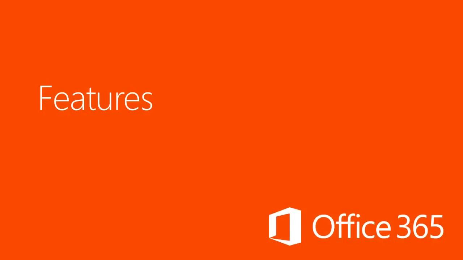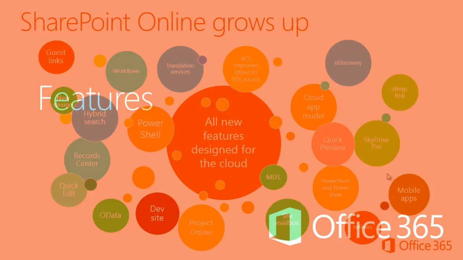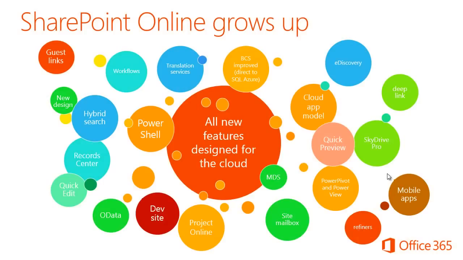Let's introduce a few of the features included in SharePoint Online. In the slide in front of you, you can see many of the new options and features included now in the new SharePoint Online. Just to provide you a few examples, we now have PowerShell that will enable SharePoint admins to perform tasks and operations using the command line. We have Project Online, which will not be part of this specific training, but was not included in any of the previous versions of Office 365.